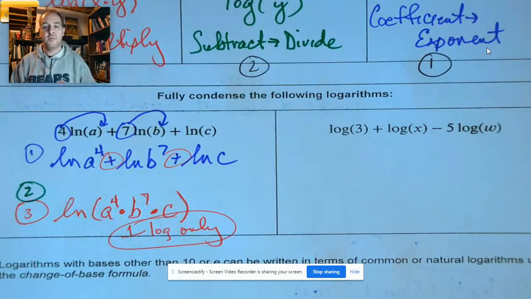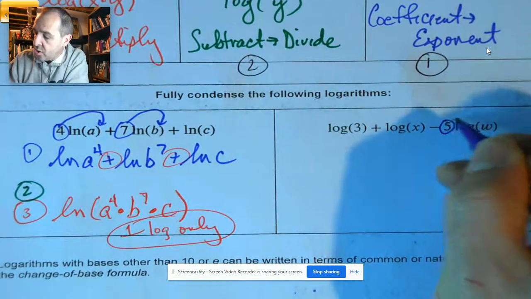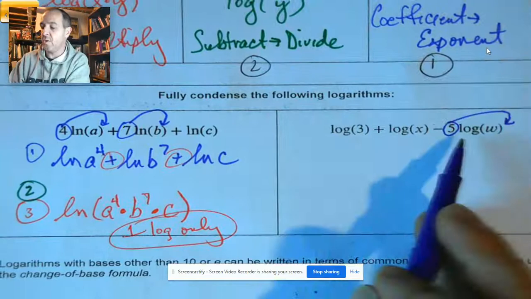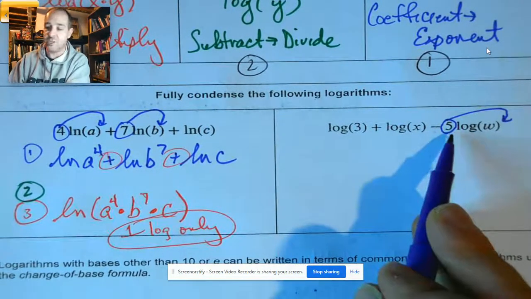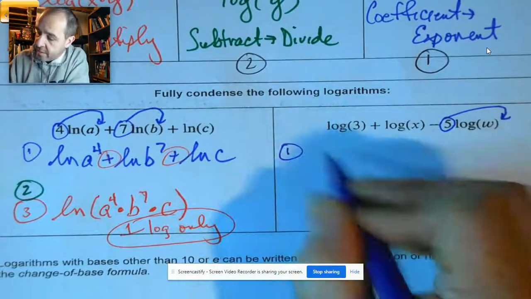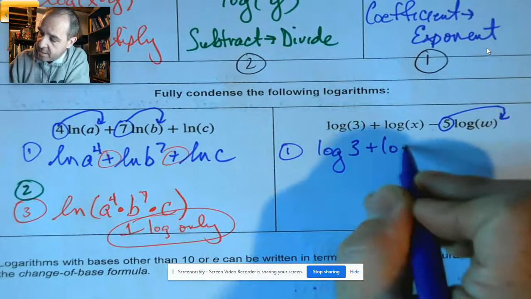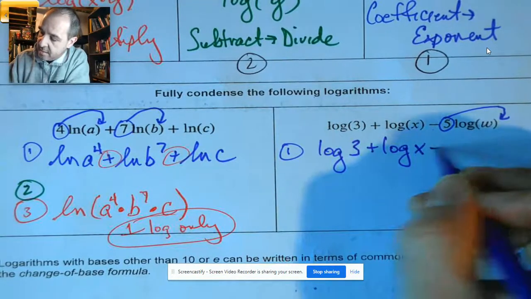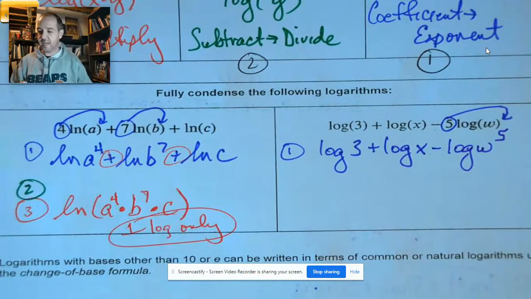Doesn't matter. And then the last one here, we get to do the whole gamut. And when you're doing your exponent, notice I'm not taking the negative with. Leave the signs alone. Just take the coefficient with these. So log 3 plus log x minus log w to the 5th, coefficient to exponent.